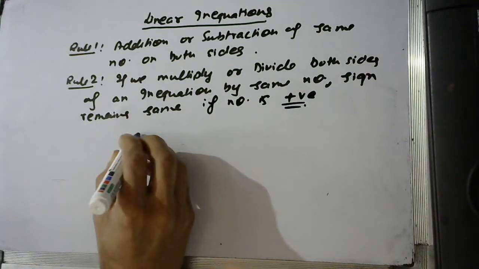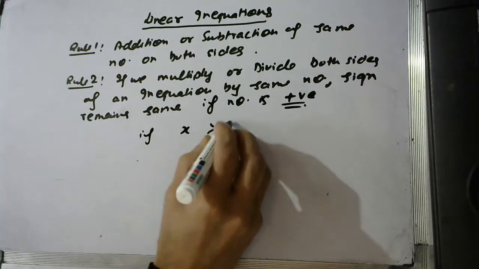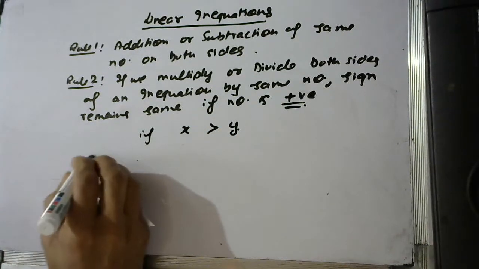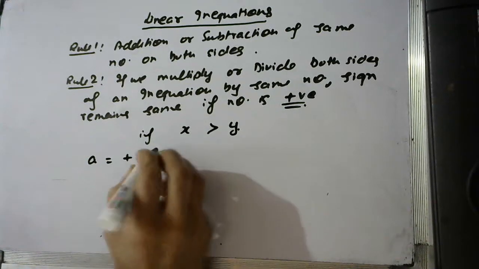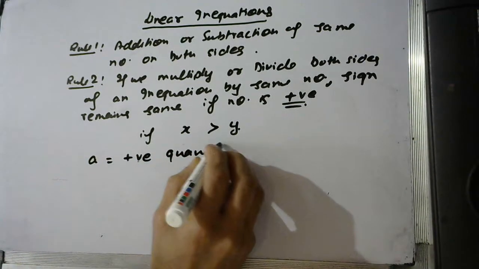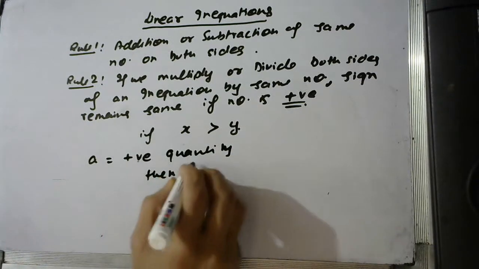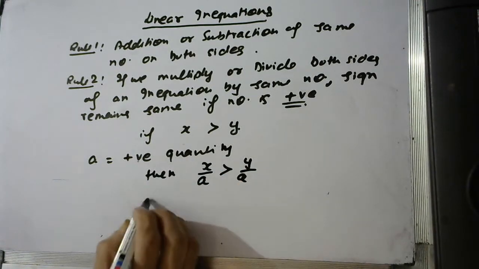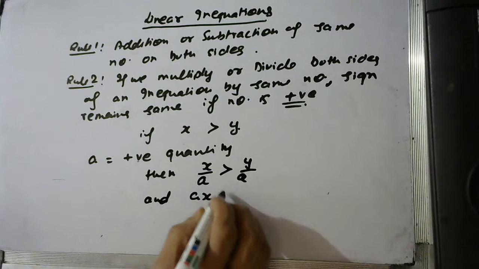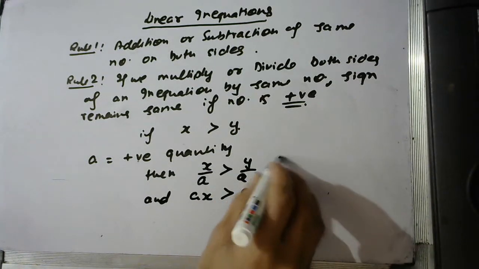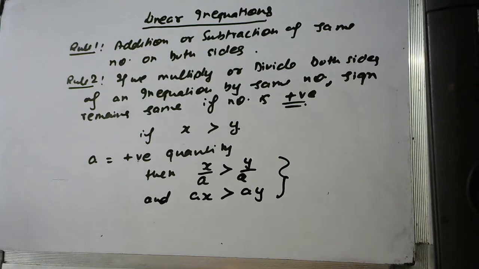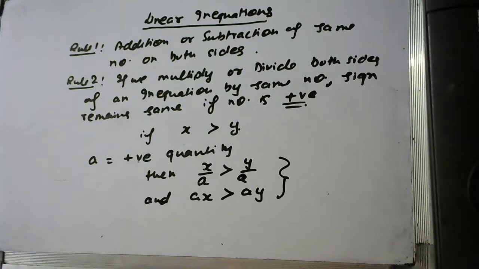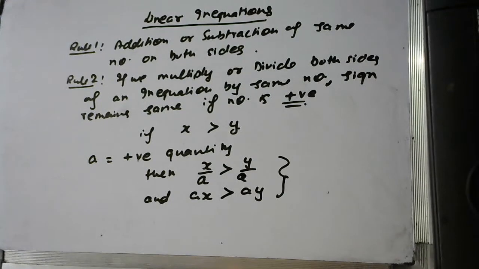For example, if x is greater than y and a is any positive quantity, then according to this rule, x by a will be greater than y by a, and a into x will be greater than a into y. Multiplying and dividing by the same quantity on both sides does not alter the sign of inequality if the quantity is positive.